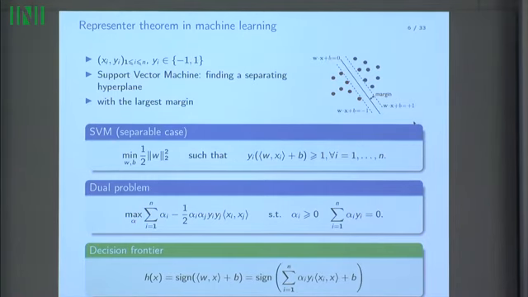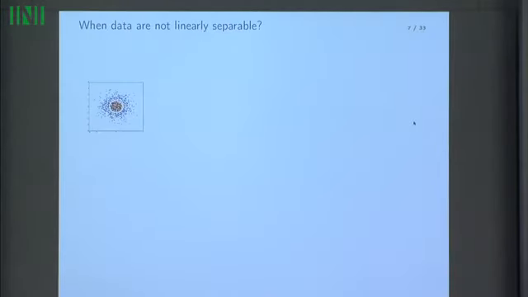So I want to see if I can extend this linear classifier to non-linear ones in an easy way. And this is really the purpose of kernel methods. Imagine that now you have this kind of configuration between your points. Of course you cannot find a hyperplane separating those points, but you can just lift the problem to a higher dimensional space, or maybe to an infinite dimensional space.